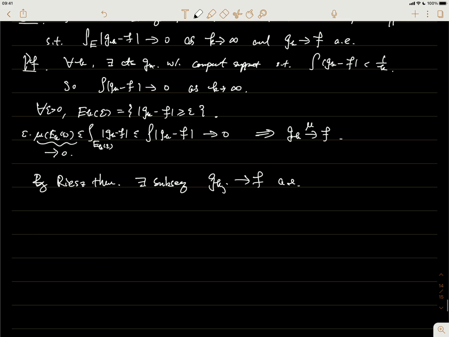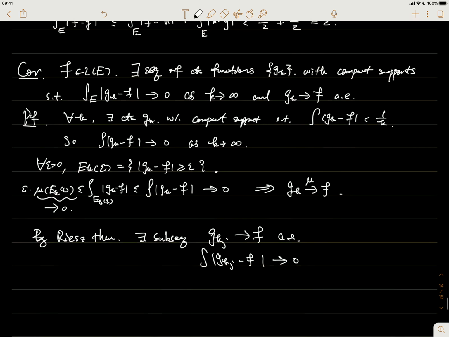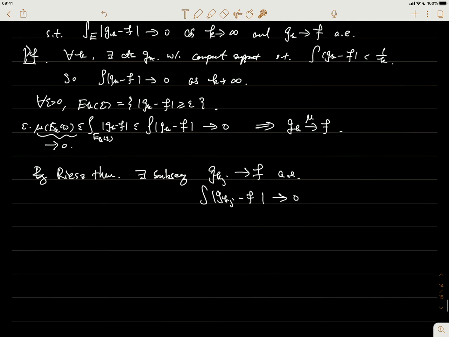And because this g_{k_j} is just a subsequence of the original sequence, I still have that the norm of g_{k_j} minus f goes to 0, right? And we just use this subsequence as my sequence, and we can see that every one of them is continuous with compact support, and we have this goes to 0, and at the same time also g_k goes to f almost everywhere. Okay, so that's the proof.